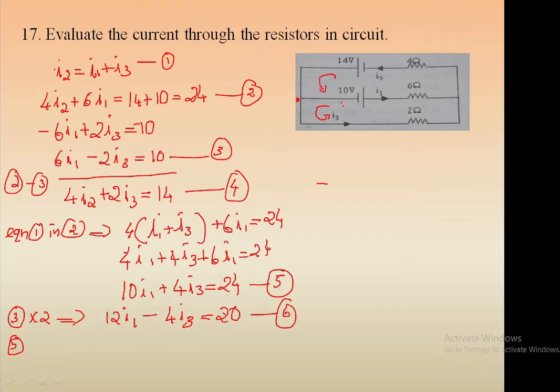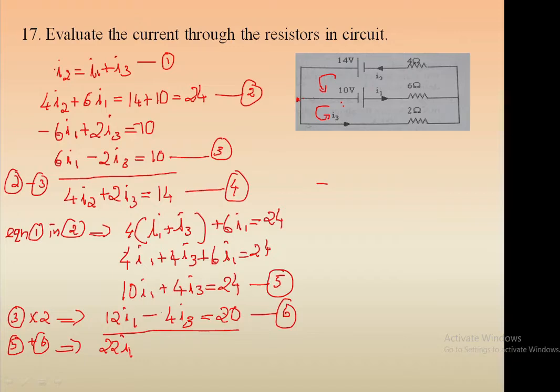So let us consider equations 5 and 6 and add them. We get 10i1 plus 12i1, so that is 22i1.